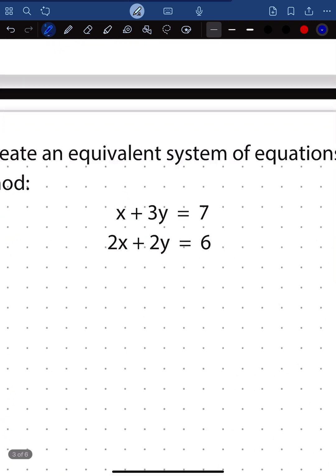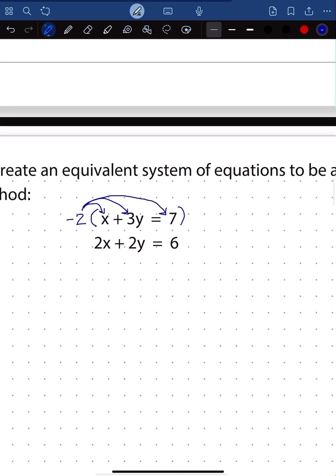If this x were a negative 2x, it would be opposite of a positive 2. I can also try to create the y's opposite coefficients, but I'm going to go ahead and make the x's opposite coefficients. So then I have to multiply the entire equation by negative 2 to make an equivalent equation. When I do this, I'm distributing to all the terms in the equation, including the 7 over here.